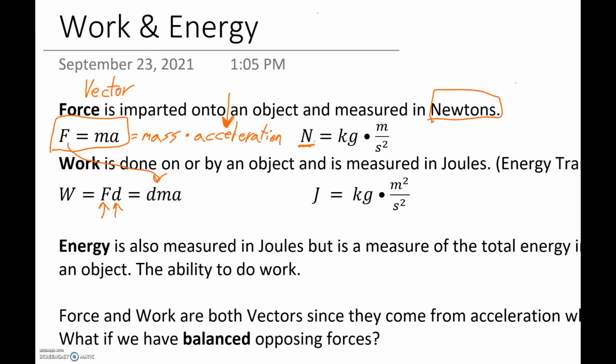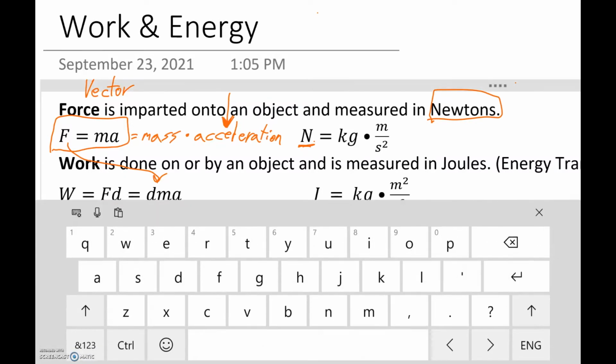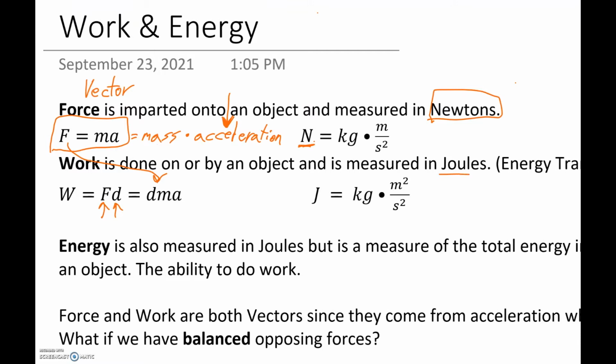So if you wanted to get the units, the units for work are in joules, and so that would be the J. But d is meters, m is kilograms, a is meters per second squared. So meters per second squared times meters, so we've got meters squared per second squared. So there's the 2 here because the distance, or the displacement, is multiplying against the acceleration.